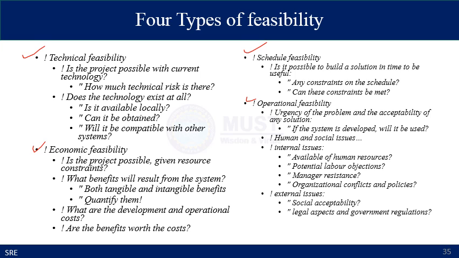It asks whether the project is possible with the current technology and how much technical risk there is. So you have to ask the question: does the technology exist at all? Is it available? Can it be obtained? Will it be compatible with other systems?